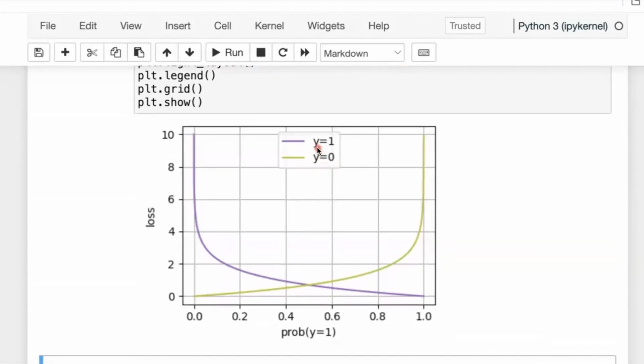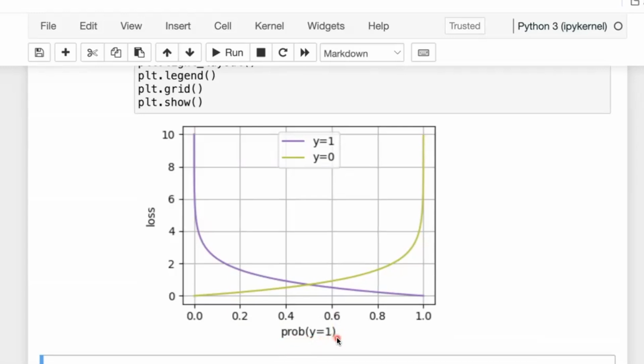So let's start with the case of y equals 1. What does this mean? Let's look at this purple curve. On the x-axis, I have mu n, which is the probability of y equals 1.